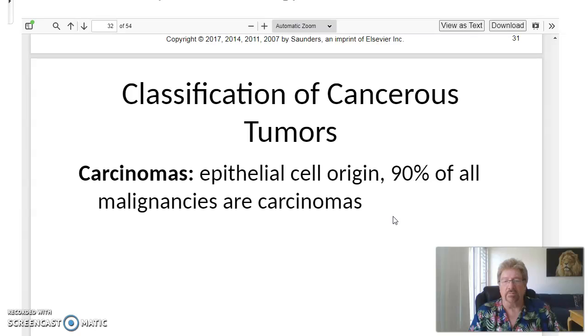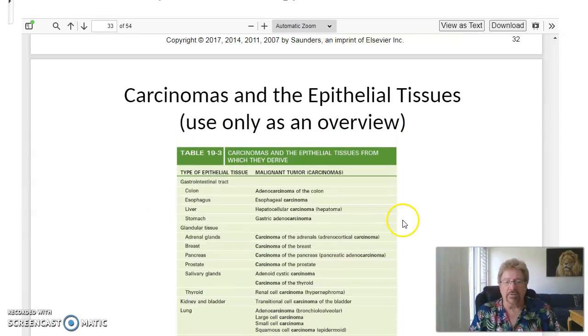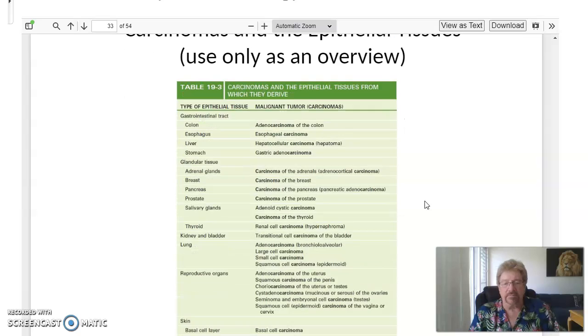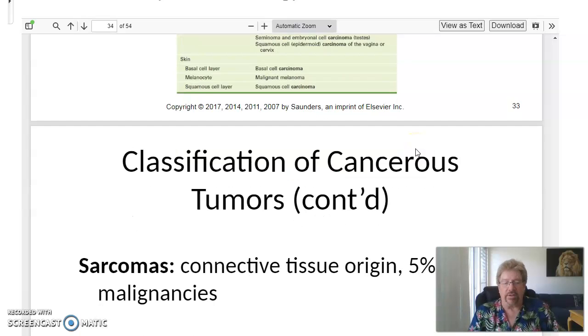Colon cancer, all the big ones. Carcinomas in epithelial tissue. And it just gives the more precise name for it. You don't have to know that stuff, guys, but have a feel for the general stuff about it.